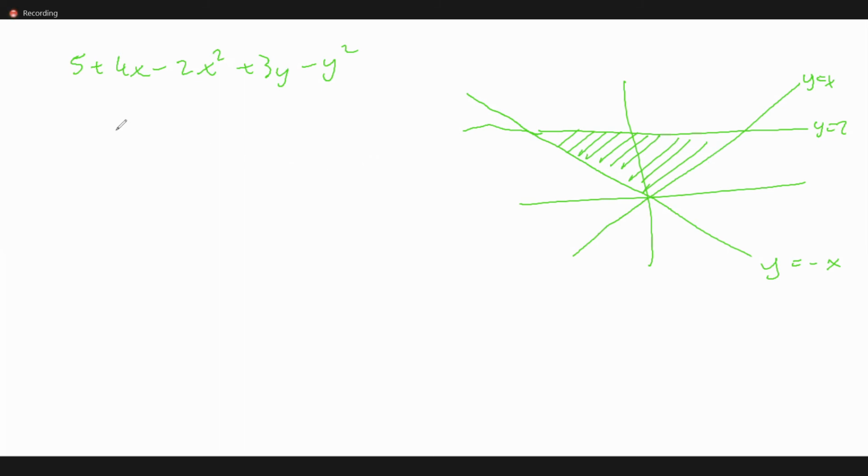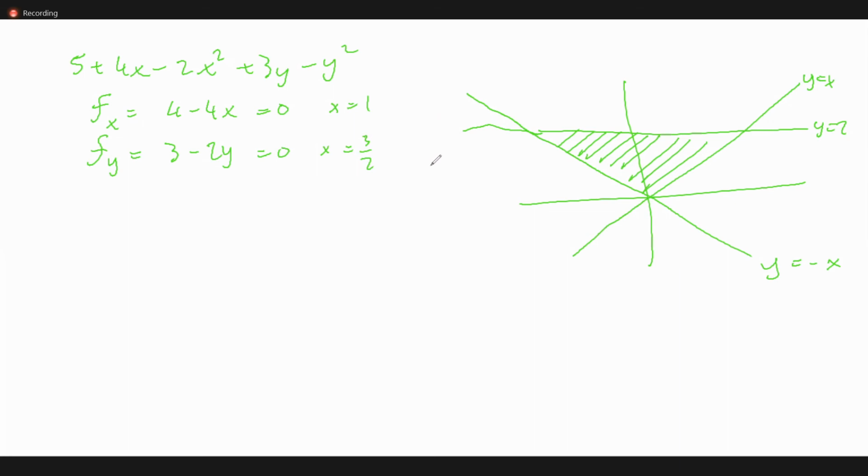So the procedure is the same. We find the first order derivative with respect to x, which is 4 minus 4x. We find the first order derivative with respect to y, which is 3 minus 2y. We set these equal to 0, so that the first one gives us x is equal to 1, and the second one gives us y is equal to 3/2.